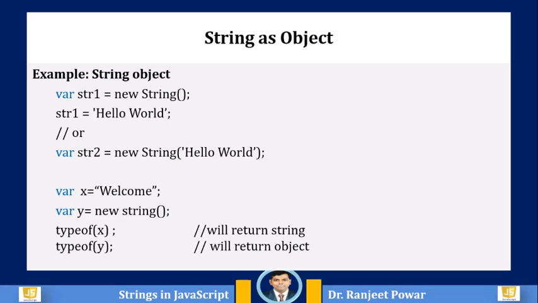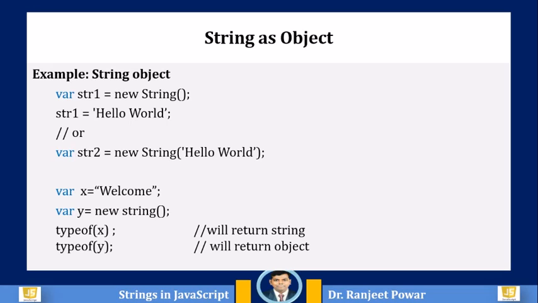When we use the typeof operator to get the type of a particular variable, typeof x will return string, but when we get the type of y, it will return object. So let's consider some points before defining strings as objects. A String object slows down the execution speed.